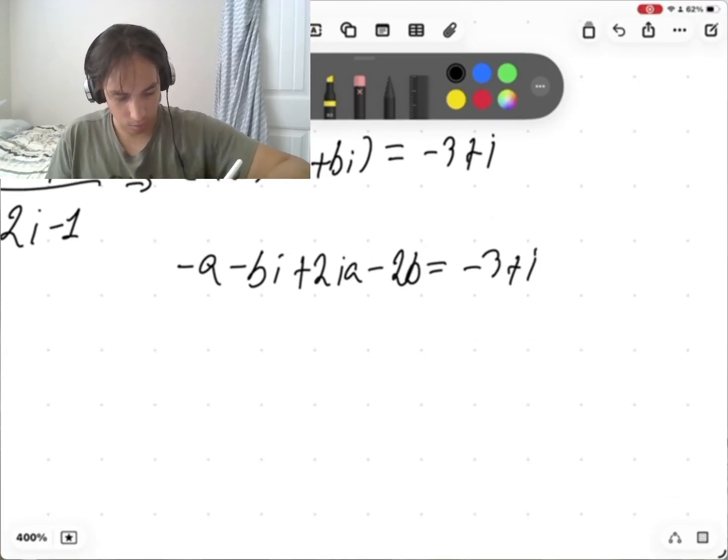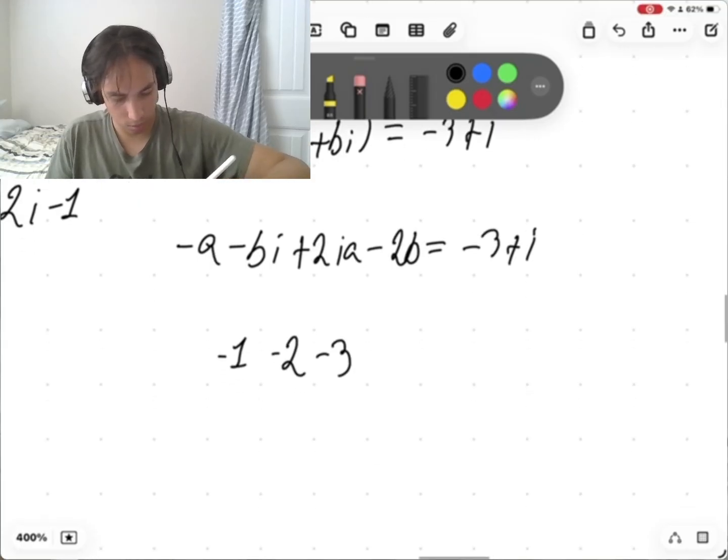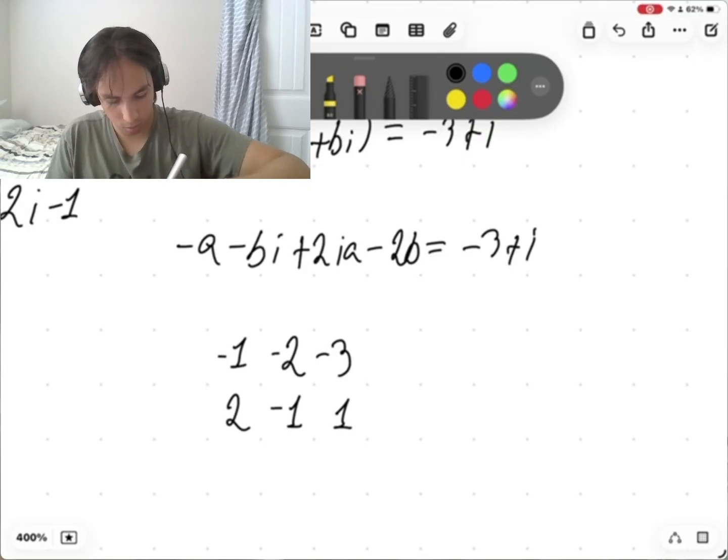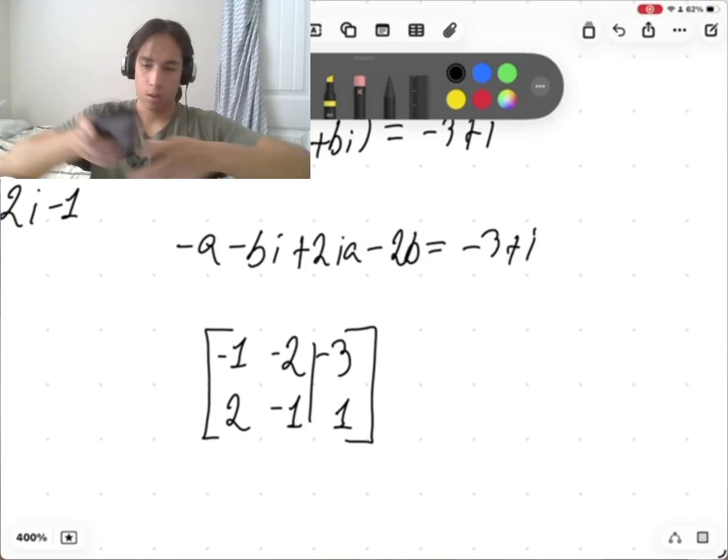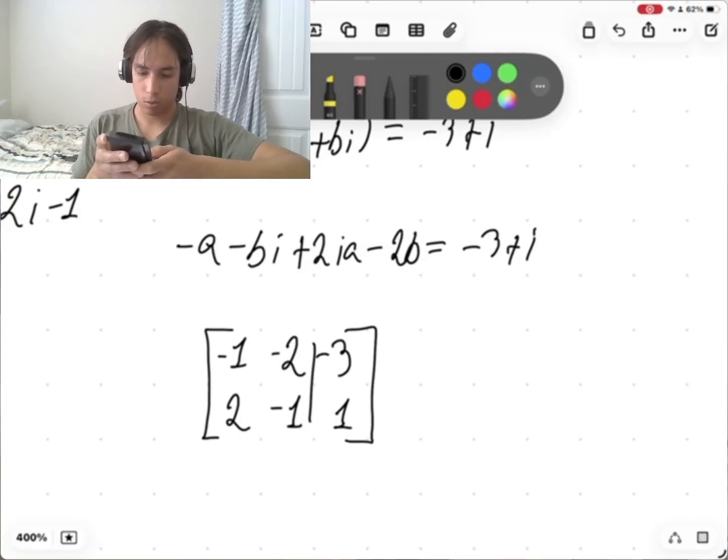And then we get negative a. Actually, you can skip. It's like negative 1, negative 2, negative 3. Then we get 2, negative 1, 1. Boom. Now we can do syssolve again.